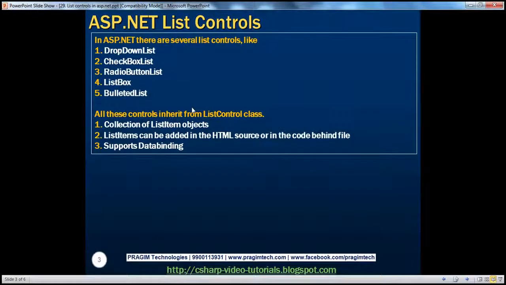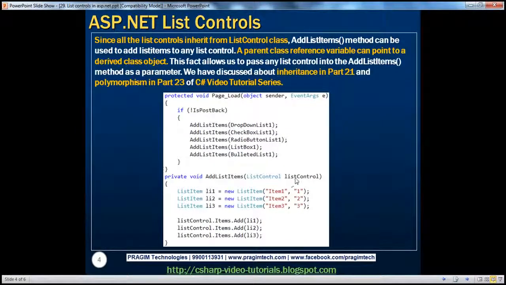Remember, all these controls, drop down list, checkbox list, etc., all actually inherit from the list control class. So we are using the parent type as a parameter for this method, and the implementation of the method is pretty straightforward. All we are doing is spinning up 3 list item objects specifying their text and value, and then we are adding those list item objects to this list control.